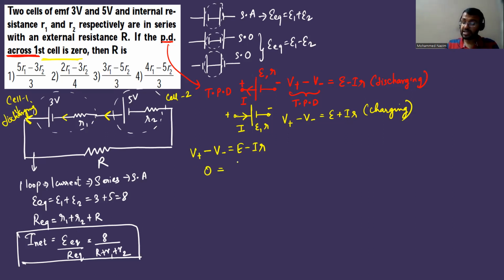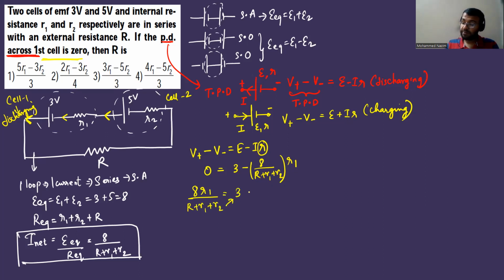What is E for that cell? 3. What is the current that we got, people? 8 divided by R plus small r1 plus small r2. What is the internal resistance of that cell? Small r, small r1. Internal resistance of that cell, it is R1. So this will go this side. It will become 8R1 divided by R plus small r1 plus small r2 equal to 3.